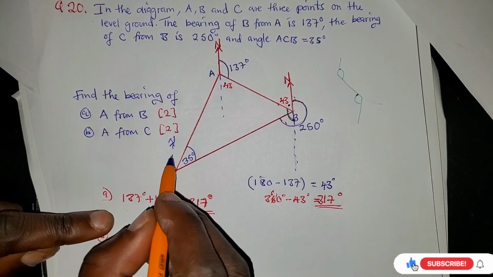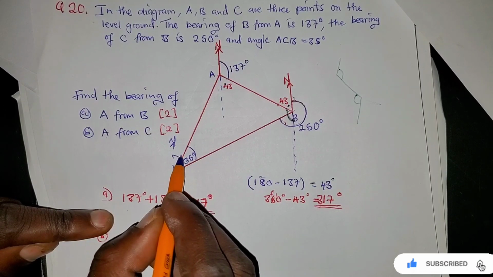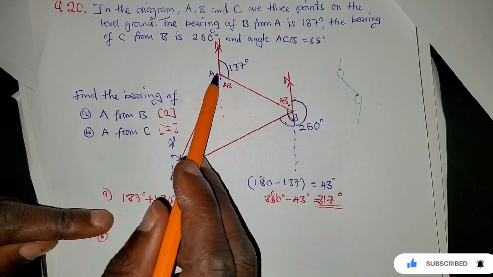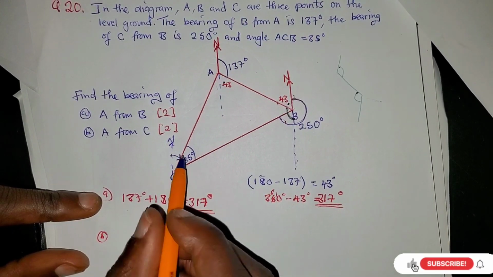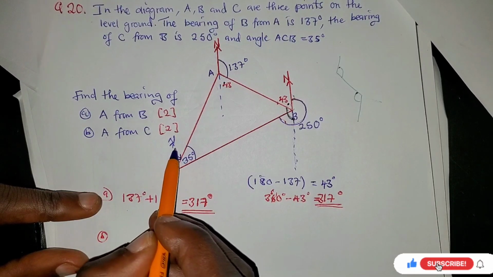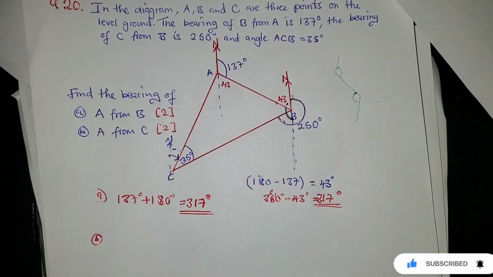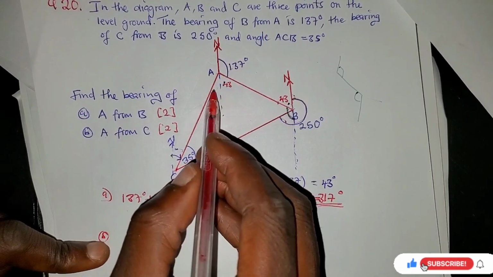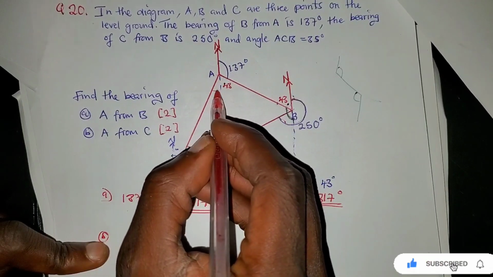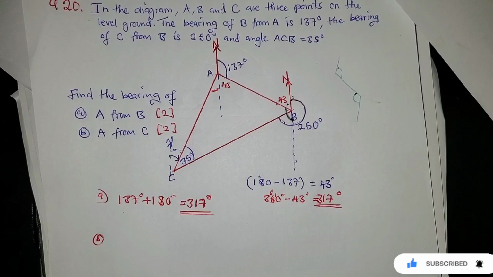Then from here, let's draw the line up to the line connecting A and C. In other words, they're asking us to find this smaller angle here. Now, you can also use alternate angles here. Look at this. If you know this angle here, you can know that angle.